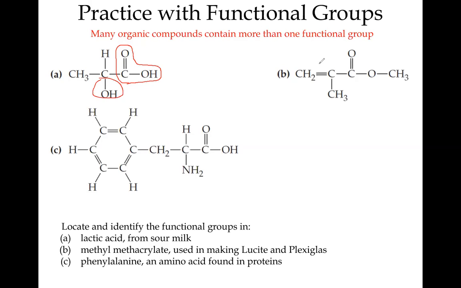For B, we have a double bond between two carbons. So that's going to be an alkene, right? And then we have this carbon that's bound to an oxygen and another carbon. So that's not an ether, right?